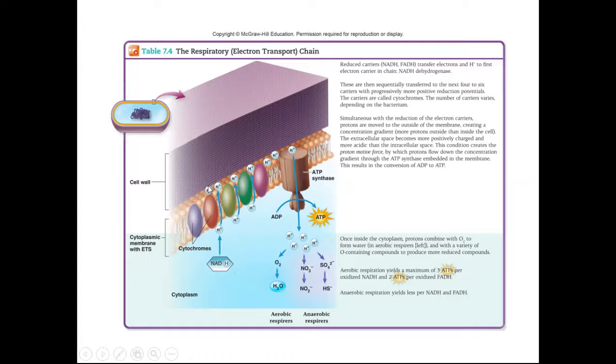We move those protons against their concentration gradient. This builds up a high concentration of protons on one side of the cell membrane and a low concentration on the other side. This is known as the proton motive force. Those protons then move with their concentration gradient through an enzyme known as ATP synthase, and this powers ATP synthase to take ADP and turn it into ATP.